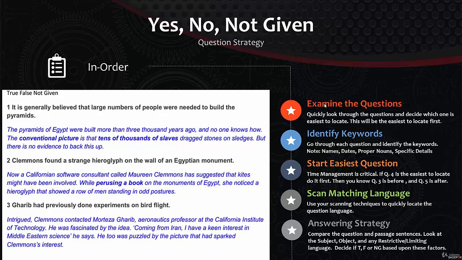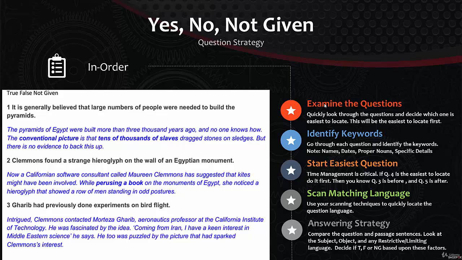Number 3, Gharib had previously done experiments on bird flight. Intrigued, Clemens contacted Morteza Gharib, aeronautics professor at the California Institute of Technology. He was fascinated by the idea coming from Iran. I have a keen interest in Middle Eastern science, he says. He, too, was puzzled by the picture that had sparked Clemens' interest. Now, in this situation, there's language from the question that is missing in the matching passage sentence.